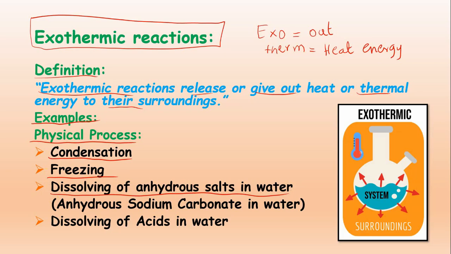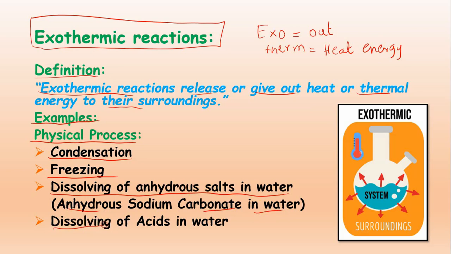When we dissolve an anhydrous salt in water, it will become a hydrated salt, and this is an exothermic reaction. When we dissolve anhydrous sodium carbonate in water, that will be an exothermic reaction.